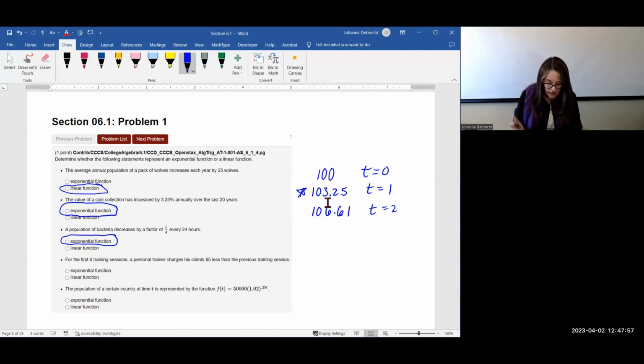All right, now let's go ahead and mark this one as linear, and let's consider this last one. The population, when they say population, I immediately think, ooh, probably exponential, of a certain country at time t is represented by this function. Well, let's see if we can get this function into our normal form, a times b to the x.